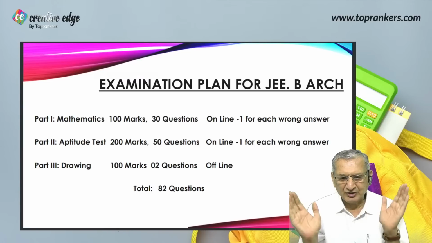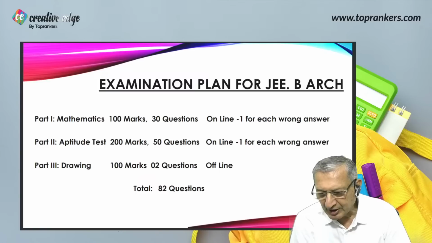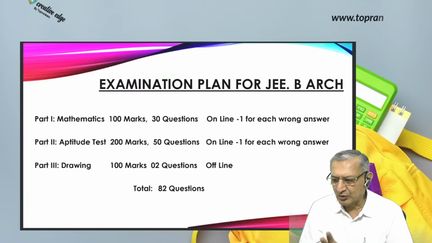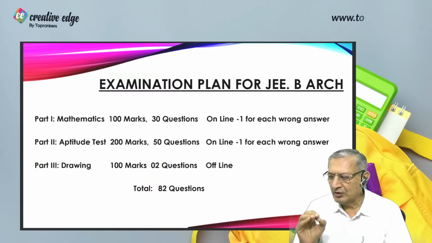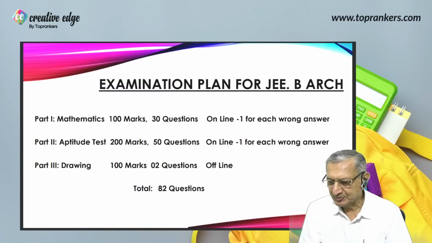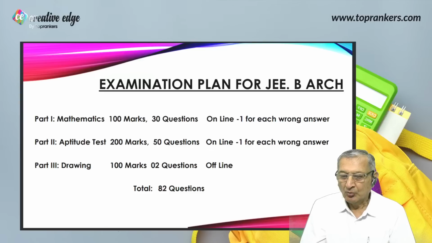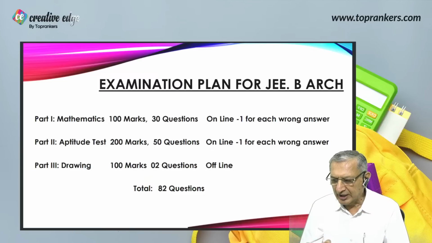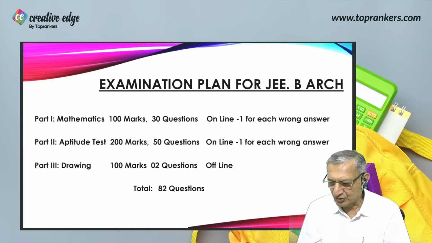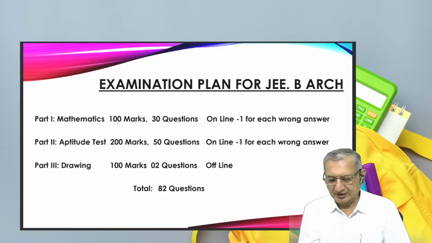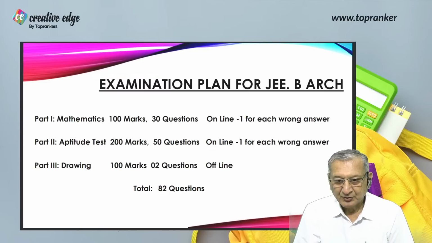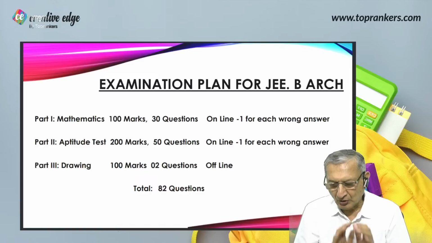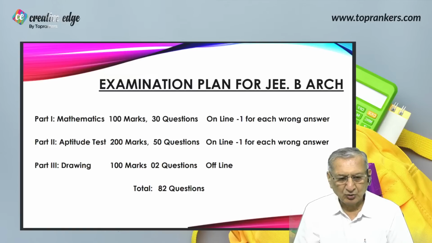Firstly, the examination plan for JEE B.Arch. Part 1, Mathematics, 100 marks, 30 questions, online, -1 for each wrong answer. Part 2, Aptitude Test, 200 marks, 50 questions, online, -1 for each wrong answer. Part 3, Drawing, 100 marks, 2 questions, offline, total 82 questions.